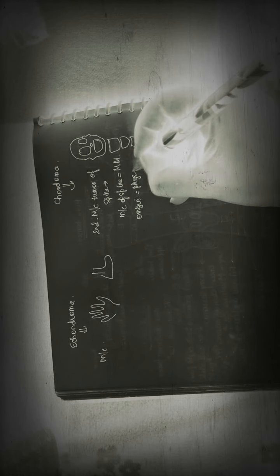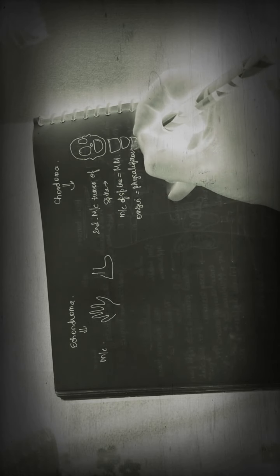This is the common site. In fact, the most common tumor of the spine is multiple myeloma, and the second most common is this chordoma. Origin of this chordoma is physaliferous cells.